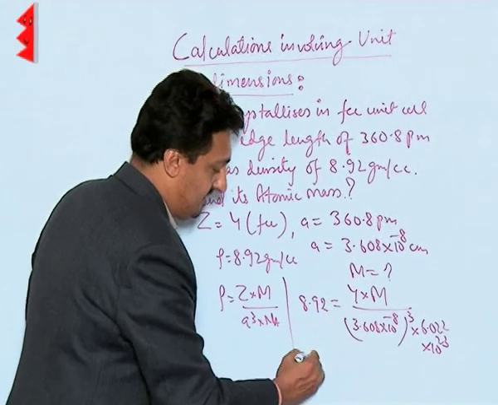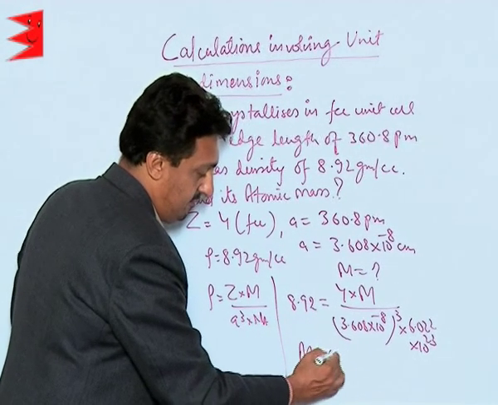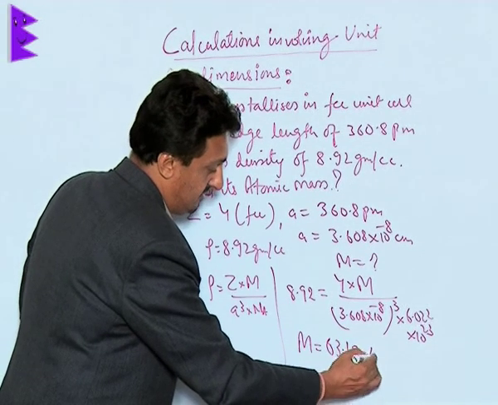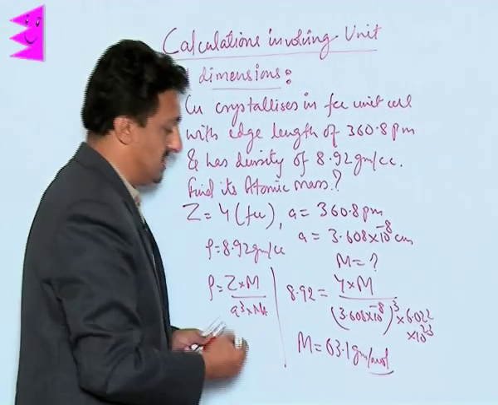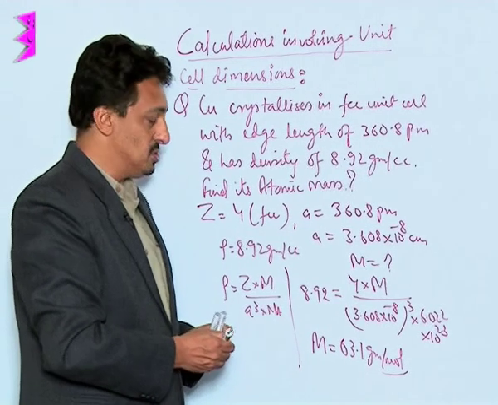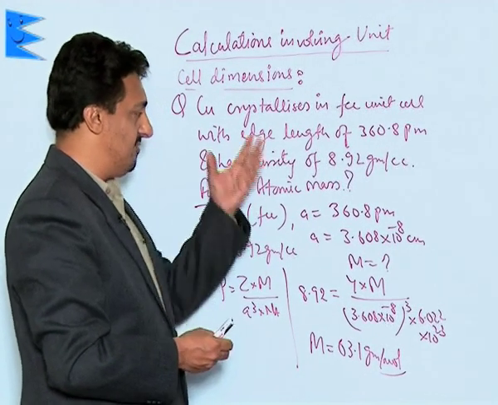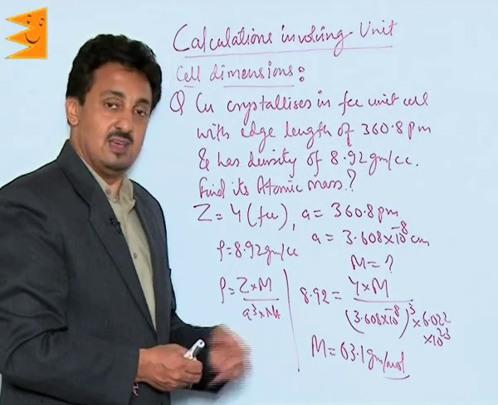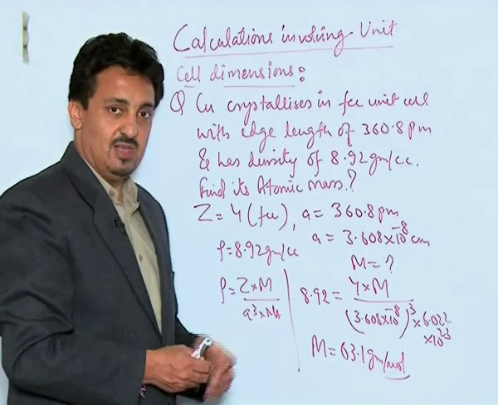When we solve this, we get M to be approximately 63.1 grams per mole. So this is the answer of this numerical, and you can use this valuable information regarding the unit cell like this, put the values in the density formula and get the answer.